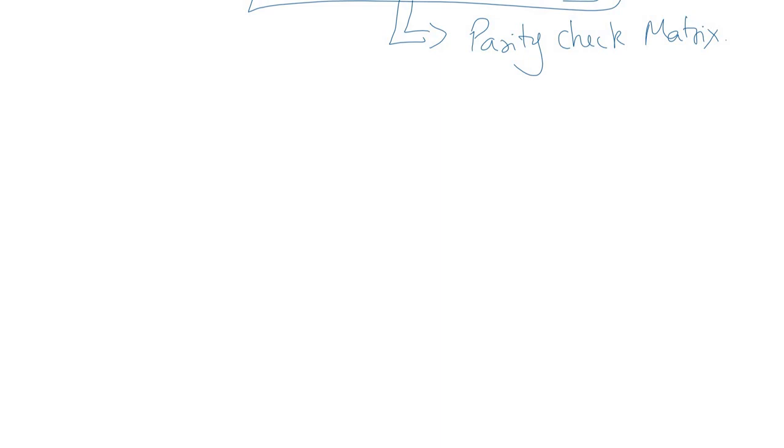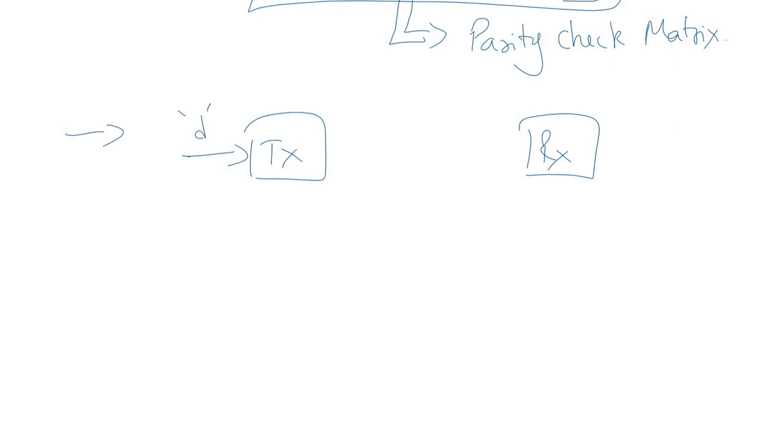Okay, so let us assume that R is the received word. Let us say this is your transmitter, this is your receiver, D is the original data word, and the coding process takes place at the transmitting end, and the code word C is being transmitted.